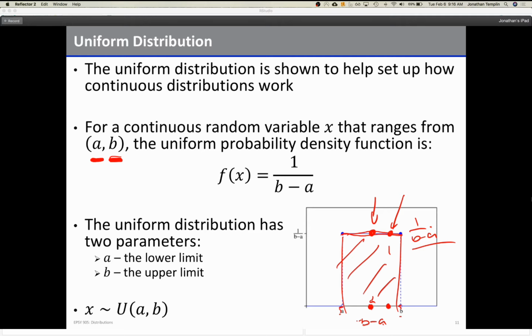And this is why the word uniform gets used with this distribution, because everything is uniformly likely to happen within this range from a to b. So often we denote this with the following notation down here: X tilde, this tilde means is distributed as, uniform between the range a and b.